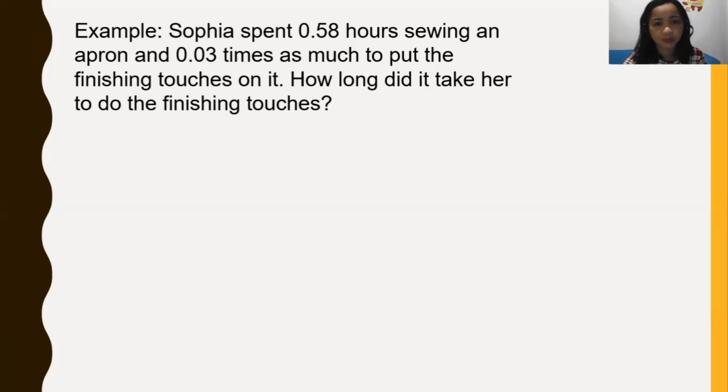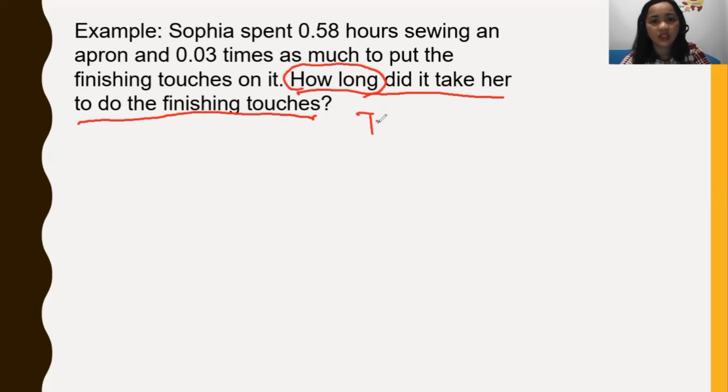So in this problem, we are asked to solve how long did it take her to do the finishing touches. When we say how long, it is the time. How much time did she spend on the finishing touches?